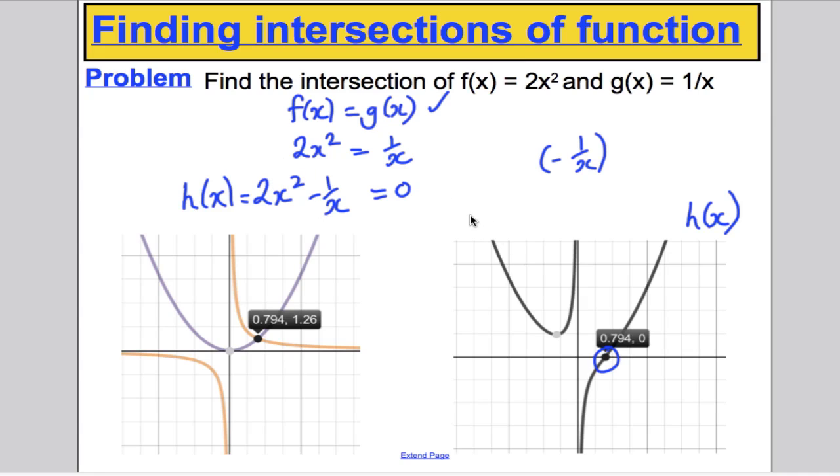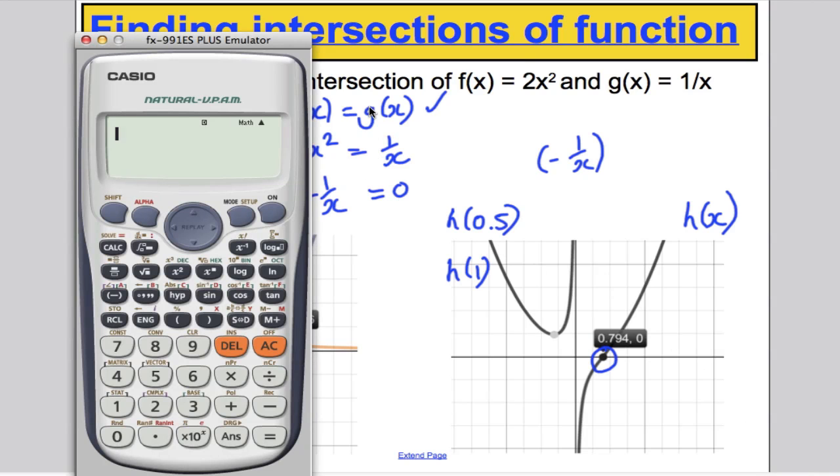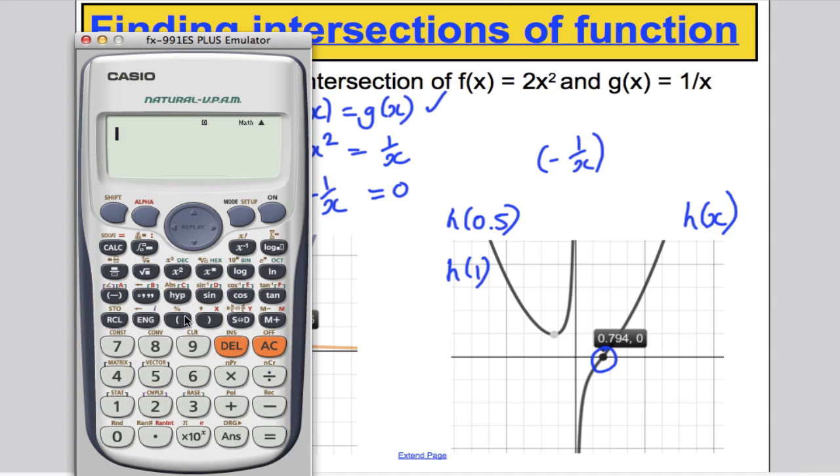So what we could have done is we could have said, let's work out h of 0.5 and let's work out h of 1. And I can use my calculator. I can actually type in this particular function here, 2x squared minus 1 over x, into my calculator as follows.